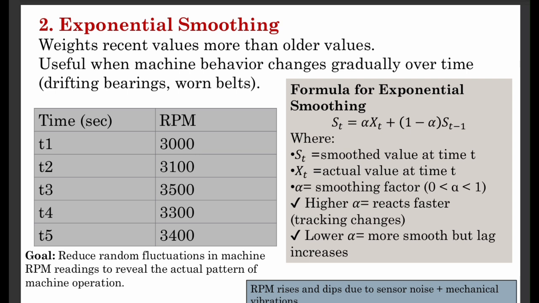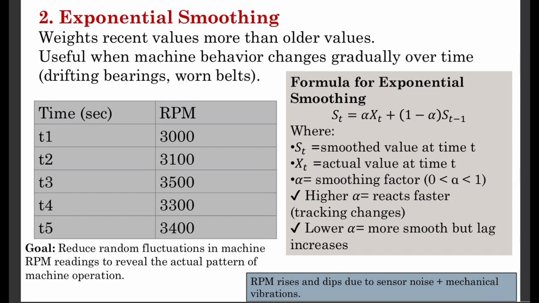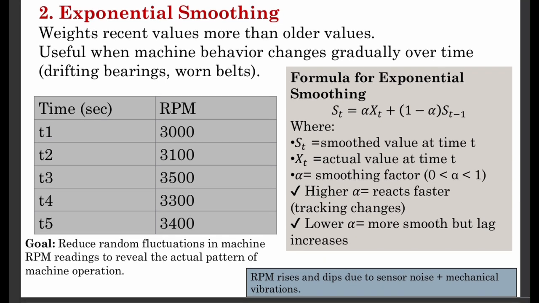Higher alpha means it reacts faster, lower alpha means it reacts with lag. That means more smooth but lag increases. With alpha equal to 0.3, recent values get 30% weight and the previous smoothed value carries 70% weight.